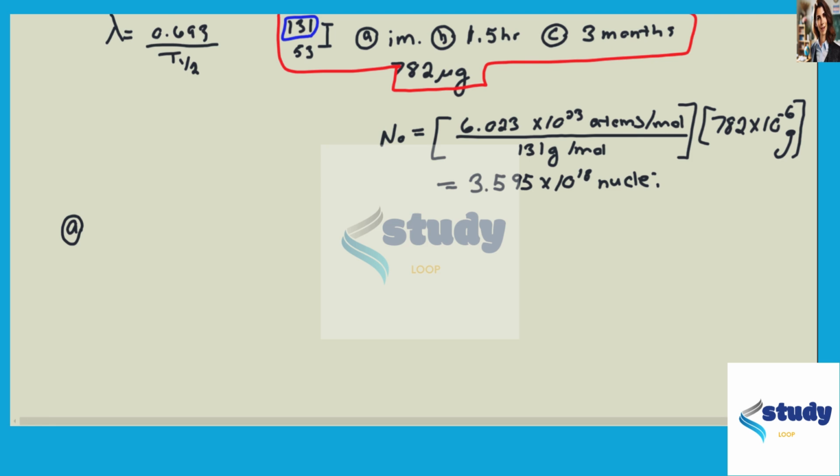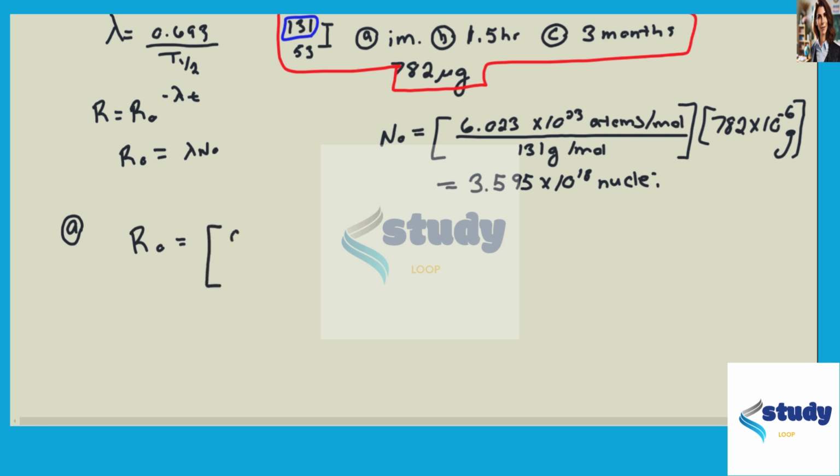Okay, and here we have R equals lambda N, where this is lambda. So for A, we're just going to solve for this.